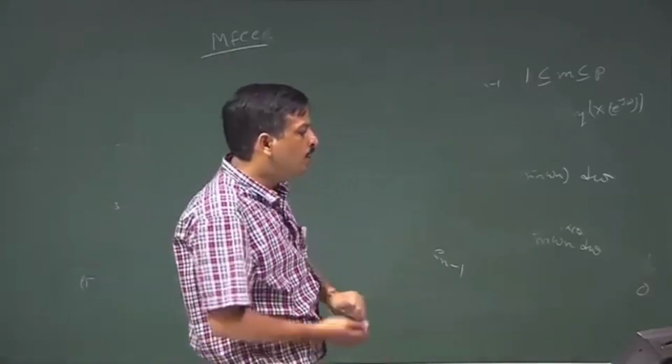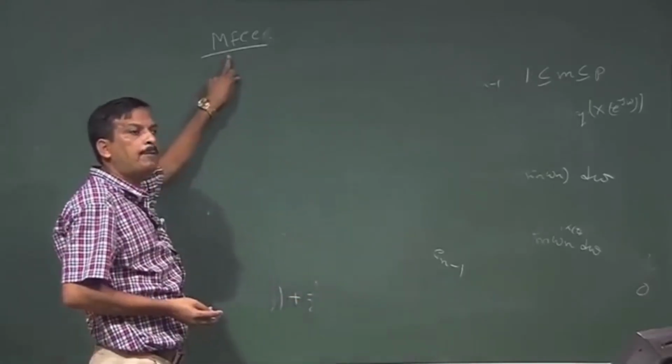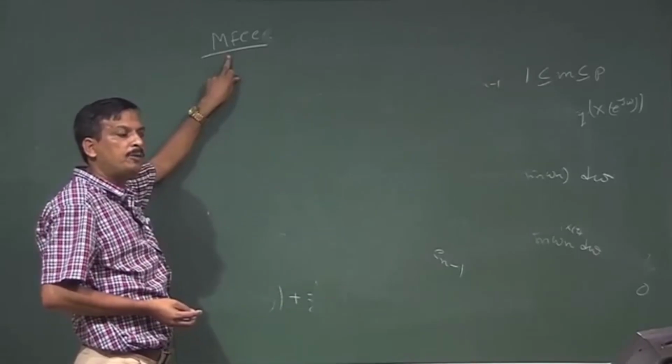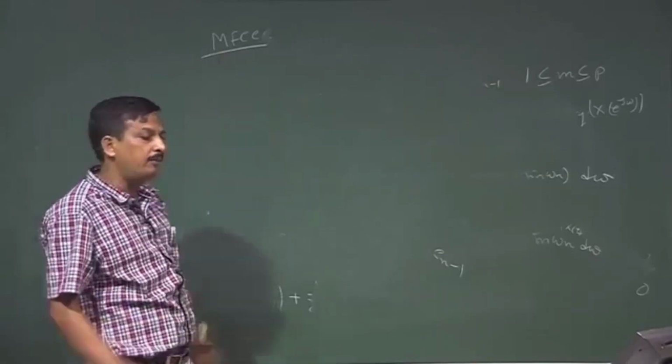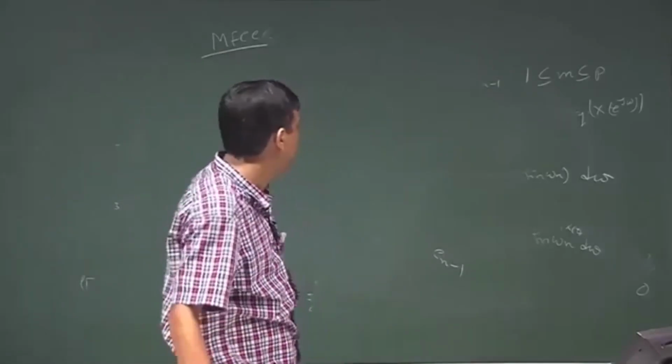You can say that there are three simple steps in MFCC computation. Compute the FFT power spectrum of the speech signal, apply the mel filter bank, and then compute the DCT. I will come to why these steps are required.